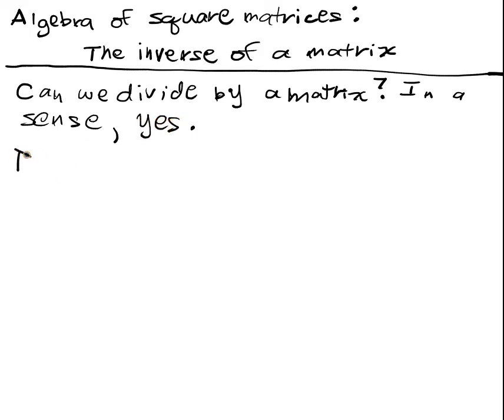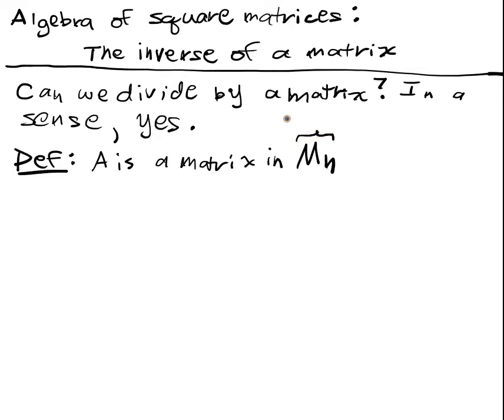So we need a definition to start us off with what we're doing. So A is a matrix in M_n. I'll use this to denote the N by N square matrices. That's just shorthand. Why write N by N square matrices when I can just write M sub N every time?